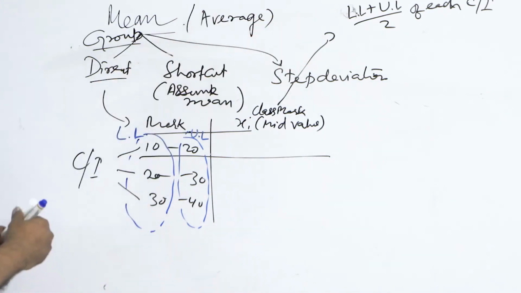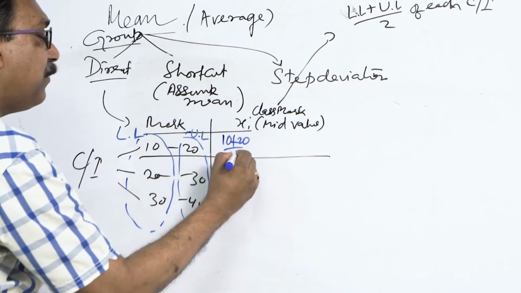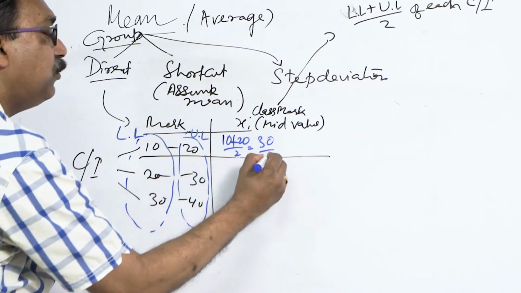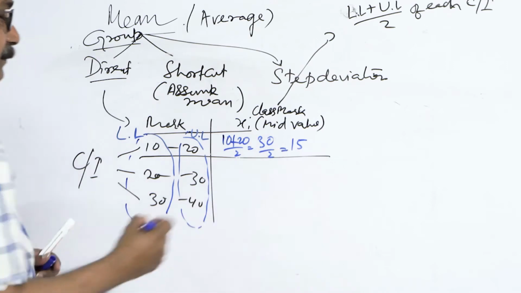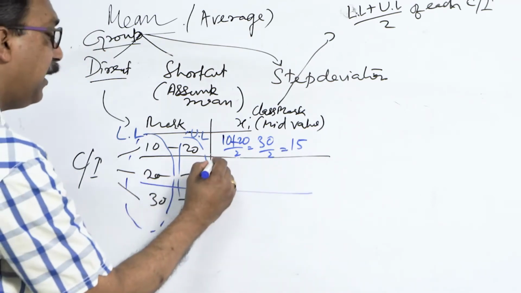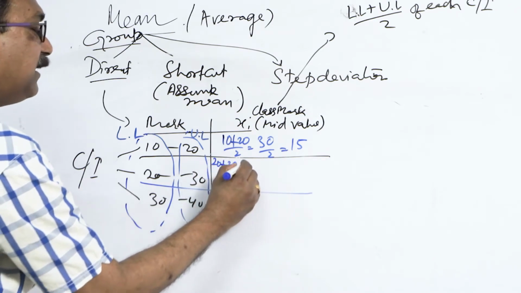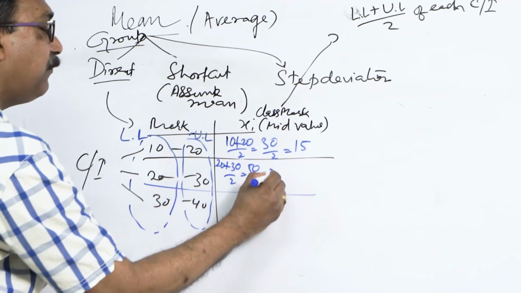Look here. If I add, 10 plus 20 is 30, by 2, you will get 15. The next is also like this: 20 plus 30 is 50, by 2, it becomes 25.